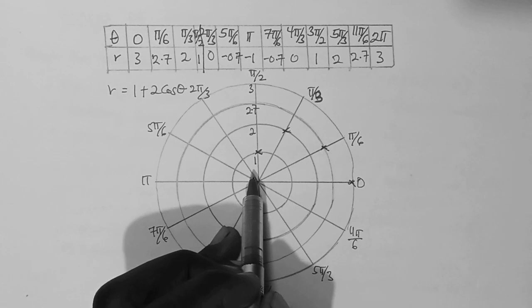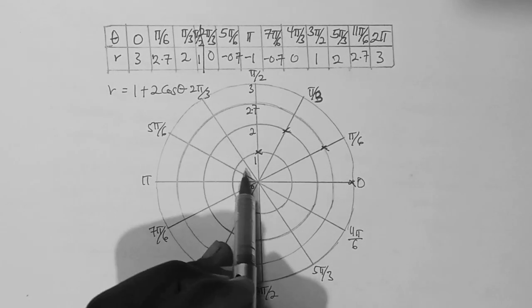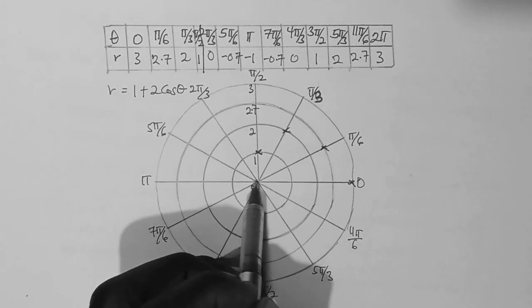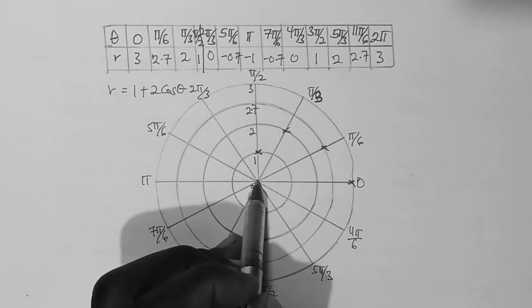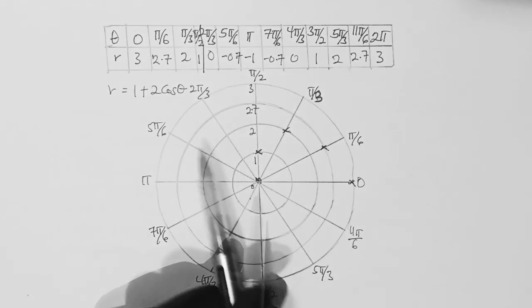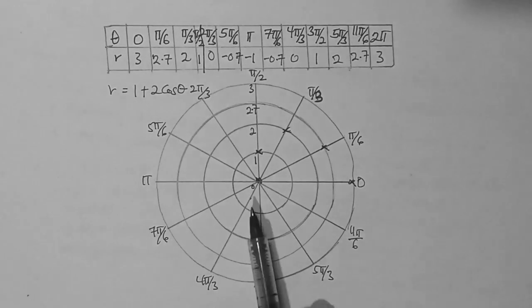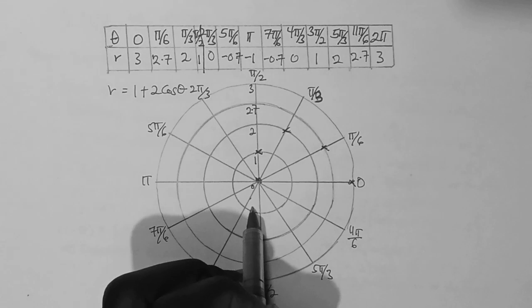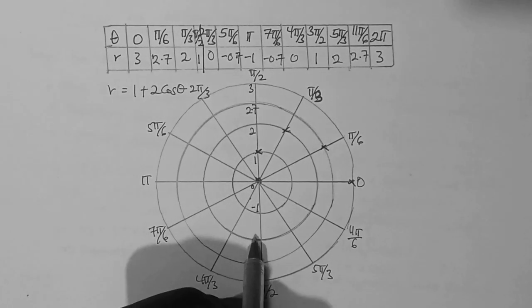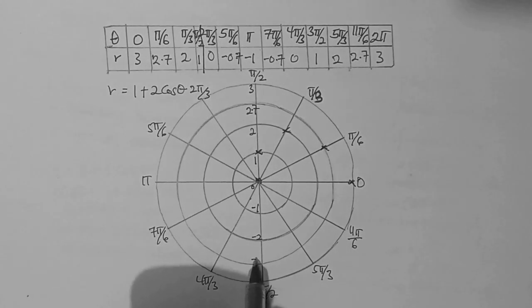Then 2 pi over 3 is 0. So if we come to this point, then here it's here. 5 pi over 6 is minus 0.7. Now you see that down here is minus 1. And then here is minus 2, minus 2.7, and then 3.